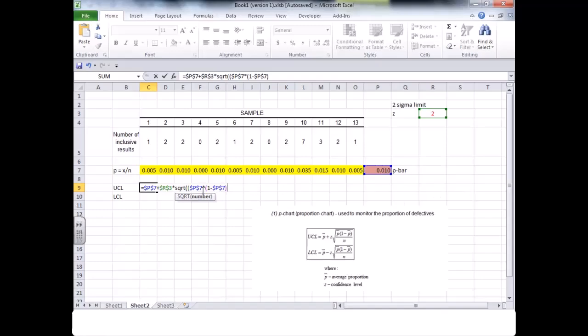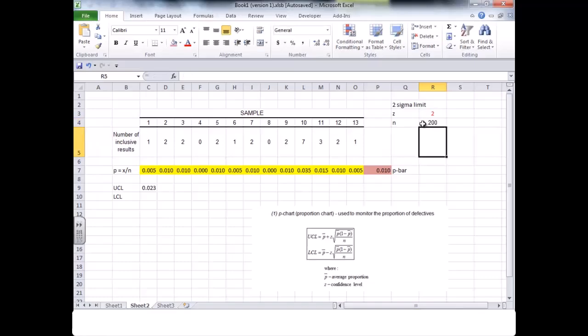So you see that this part here is really the numerator of this formula. And then divide this whole thing by 200, the sample size. Okay, you guys okay with this so far? Instead of putting 200 here, I'm going to put in the address of the sample size, N, and make that absolute.